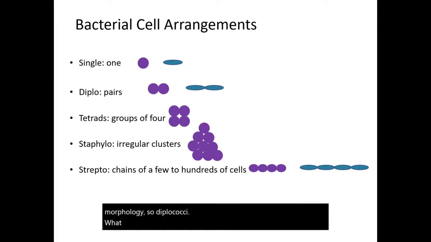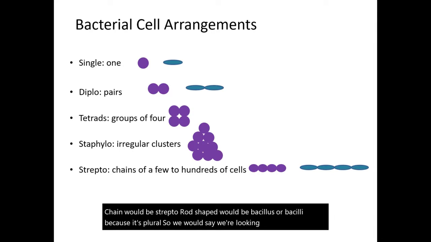What if we looked through and we saw a chain of rod-shaped cells? Well, chain would be strepto, rod-shaped would be bacillus, or bacilli because it's plural. So we would say we're looking at streptobacilli. Okay? Now, if you look at this slide, notice that you do not see any bacillus cells for tetrad or staphylo.